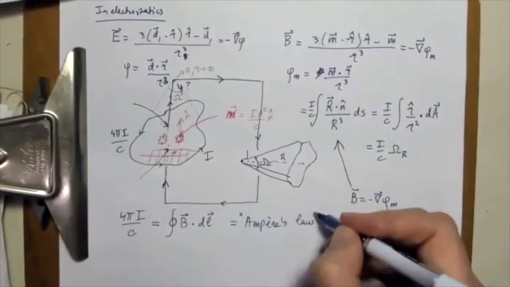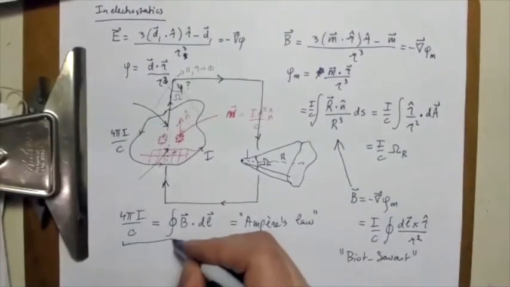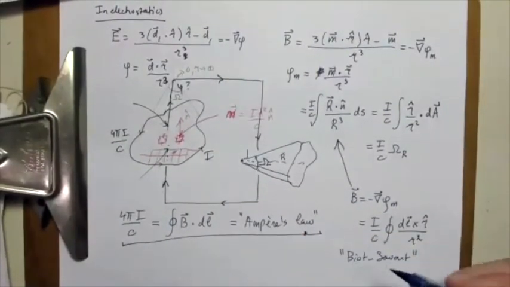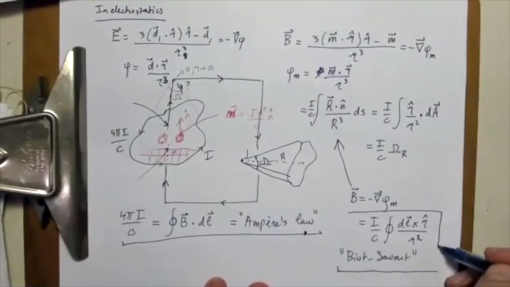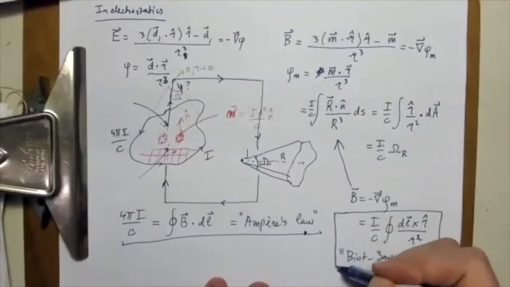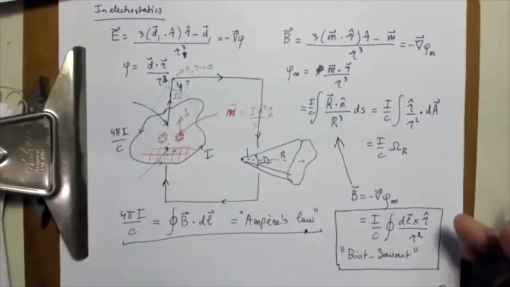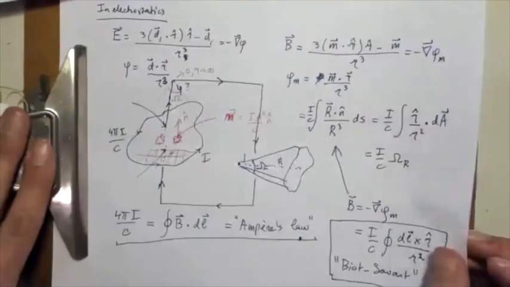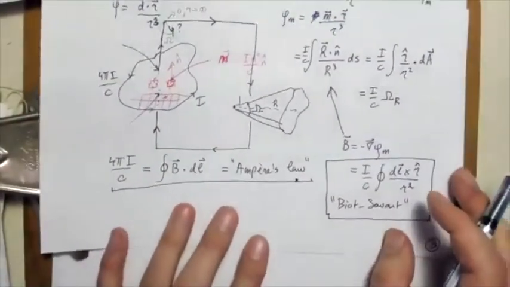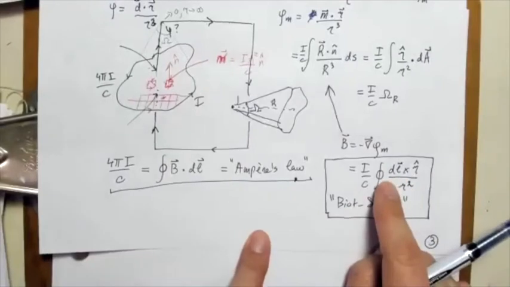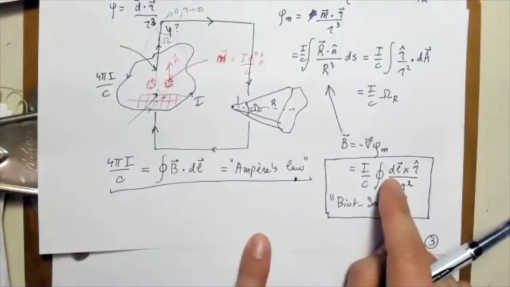Okay, so that's Ampere's law, and that is Biot-Savart. They're both useful ways of figuring out what the magnetic field is. This is an explicit integral over a current carrying loop, right?